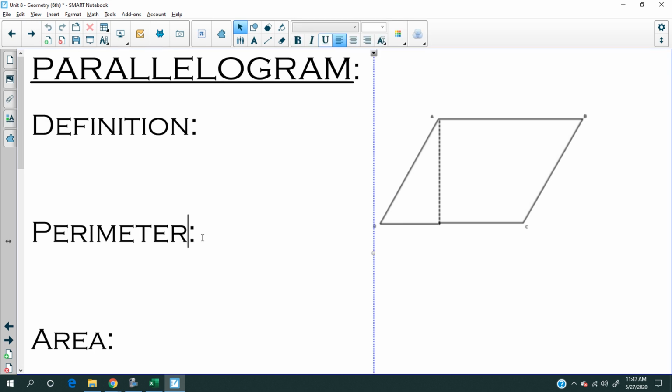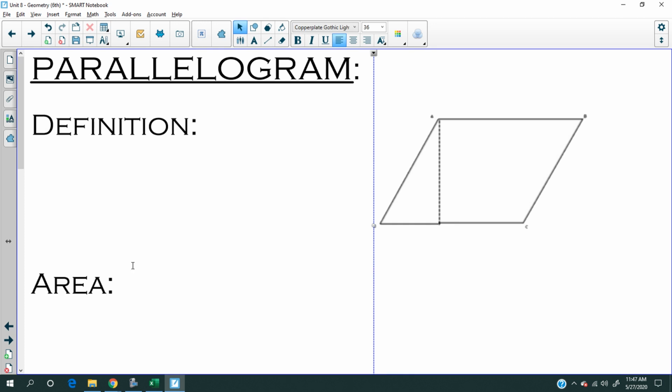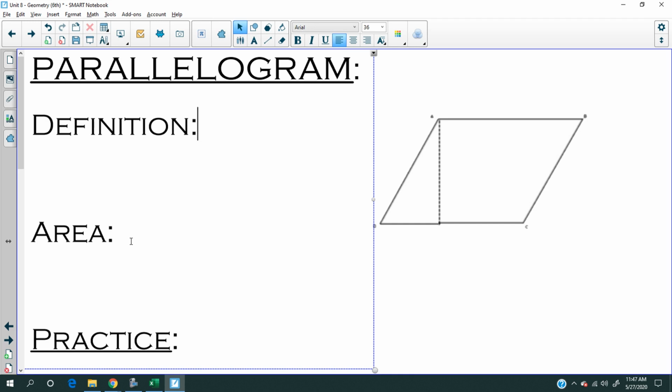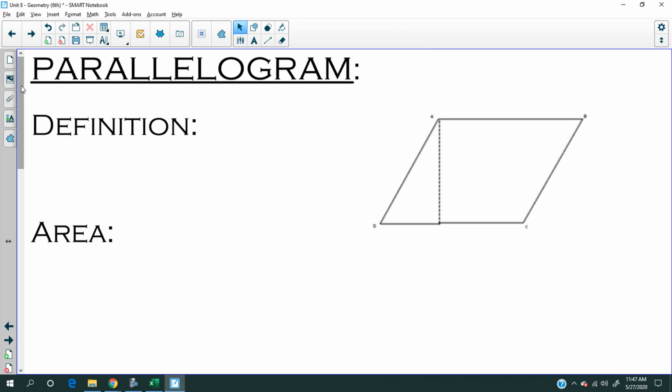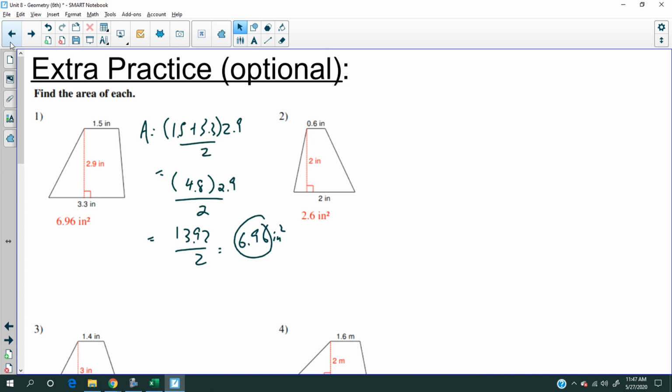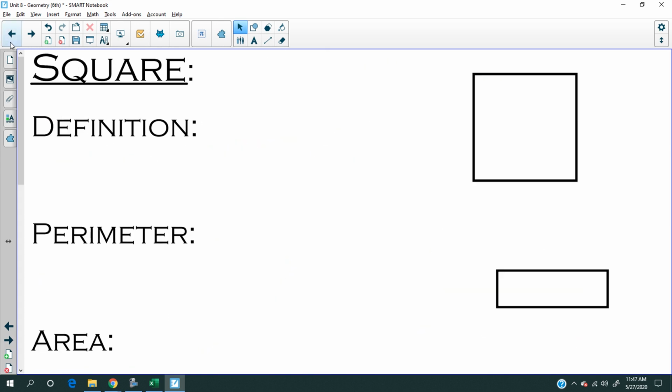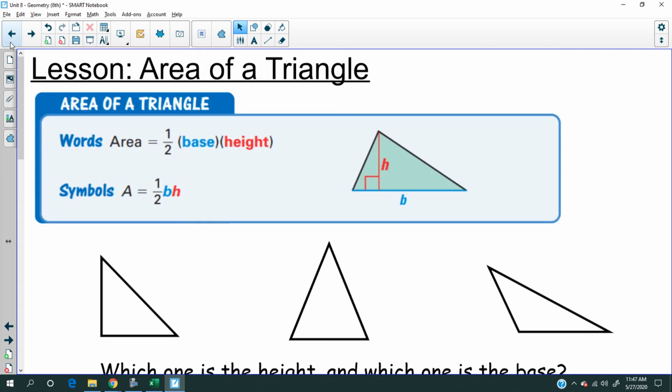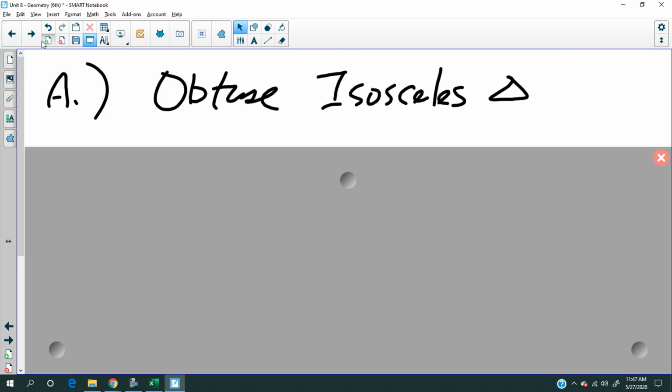And afterwards, we'll just do the quiz. So we're not going to have any chance to practice with parallelograms tomorrow, but I'll introduce this to you. Then we can fill out the last page of the graphic organizer.